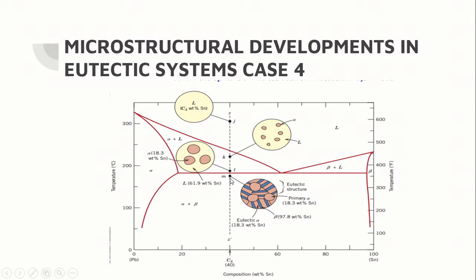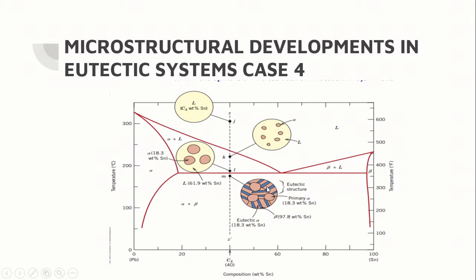If we go below the eutectic point, we have patches of alpha and beta, and we have the alpha lamella, which is 18.3, and the beta is 97.8. And next is going to be John, who is going to be doing some calculation.